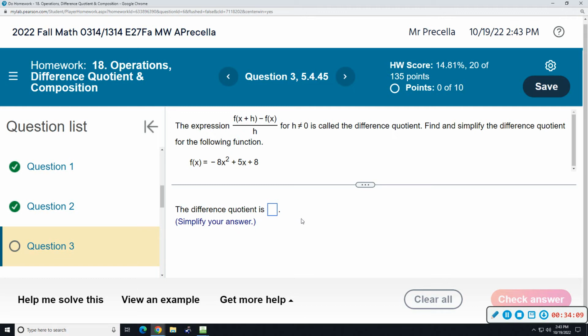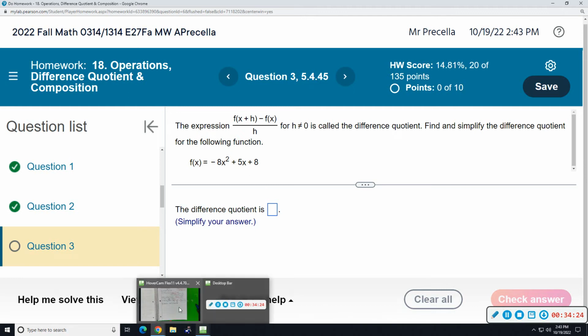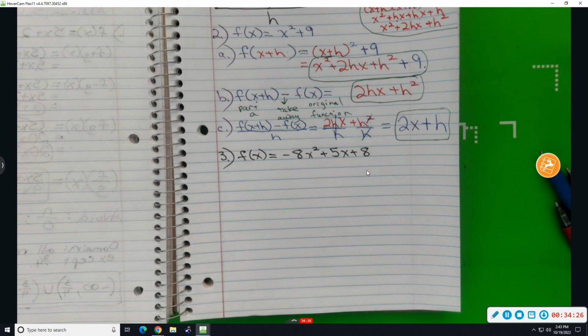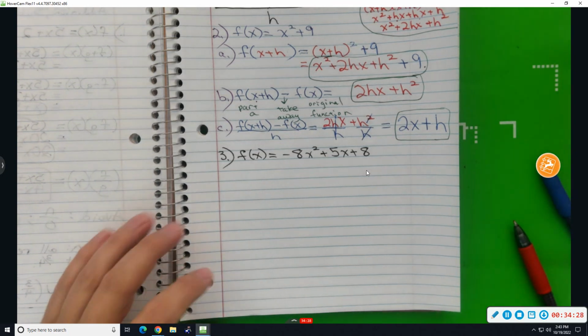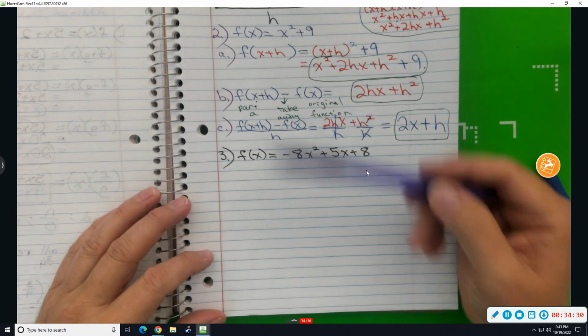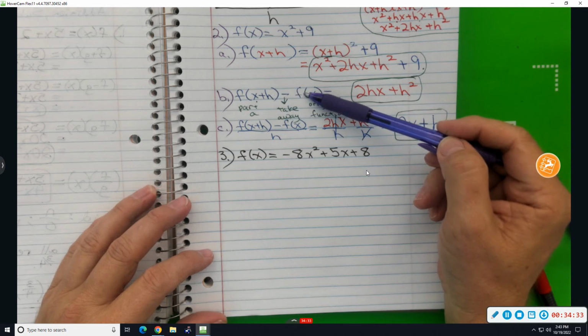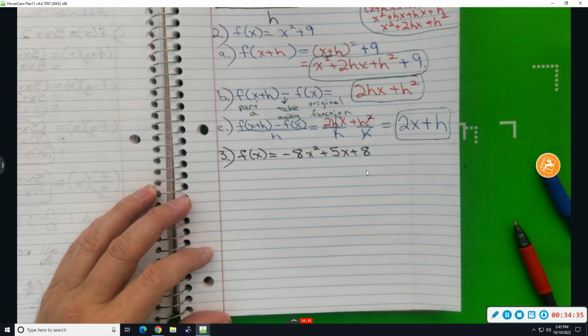Keep in mind, if you have to take a calculus class, you'll see why this difference quotient is important. If you don't have to take a calculus class, and this is just an exercise in abstract thought, I'm still going to break it into 3 parts. F of x plus h, then I'll take away the original function, then I'll divide through by h.